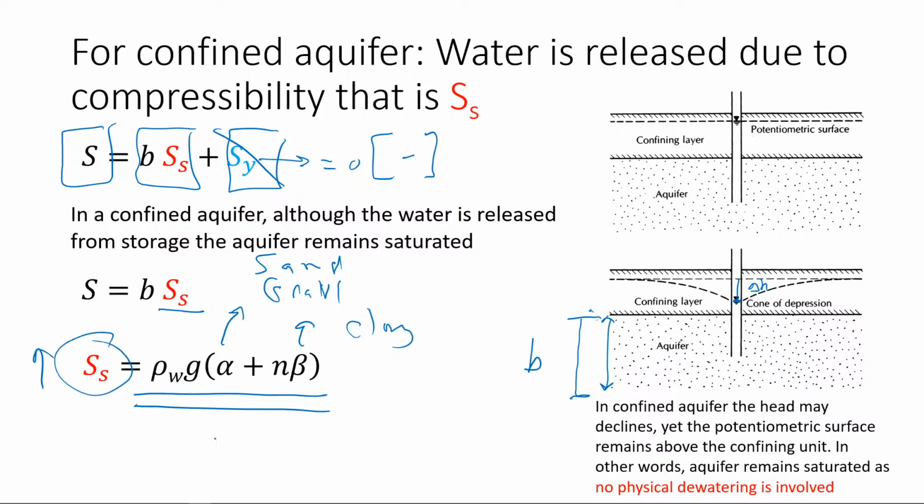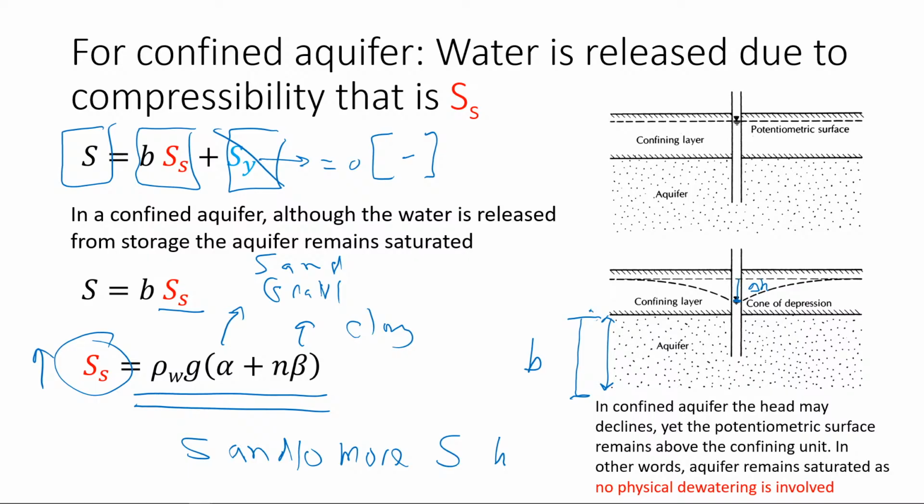We've seen sand could be 10 times more storativity than gravel. So this is called storativity or storage coefficient. This is the specific storage and this is the specific yield.